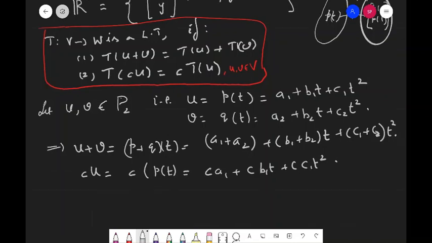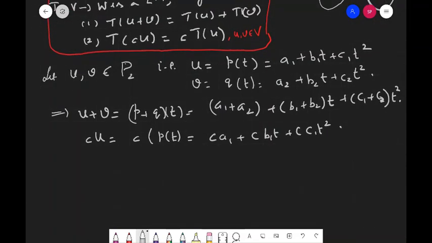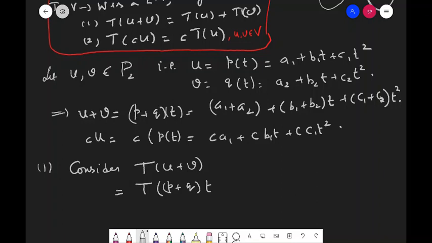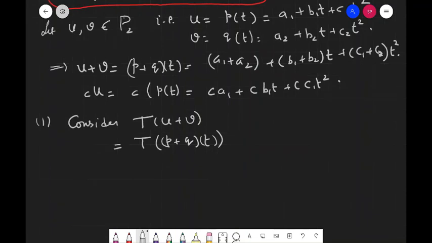This is it. Now let us consider the first point that I will prove. Consider T of U plus V. What is meant by T of U plus V for us? It is T of P plus Q of T. Now by definition, what is T of P plus Q?